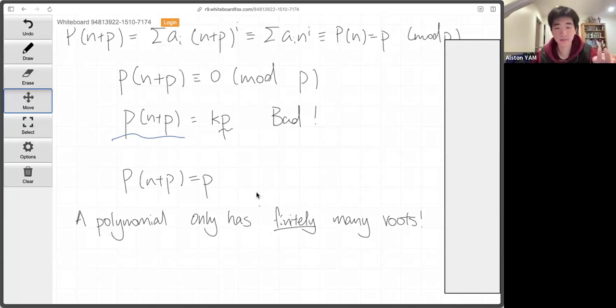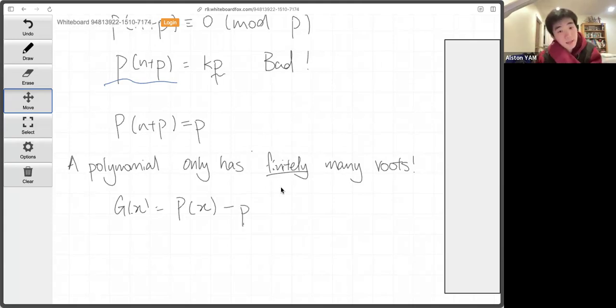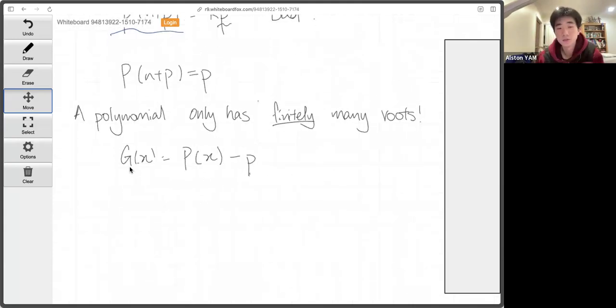And in fact that actually can't happen because of this fact right here. So if you consider the polynomial g of x equal to P of x minus the small prime p, then we are just saying g of x has infinitely many zeros.